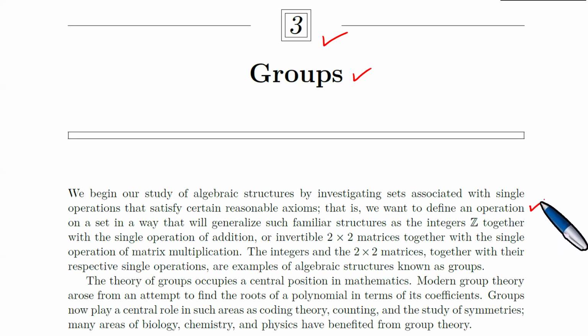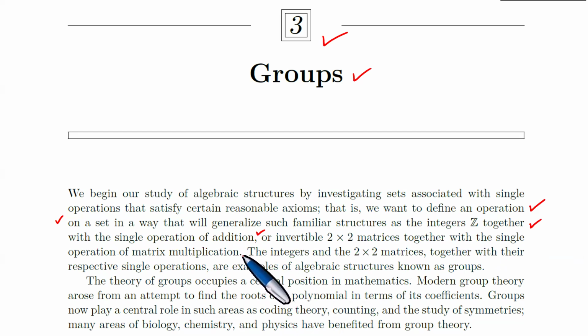We define an operation on a set in a way that will generalize such familiar structures as the integers together with the single operation of addition. Normally we look at the integers with addition.